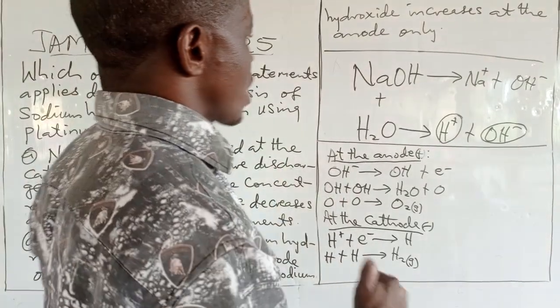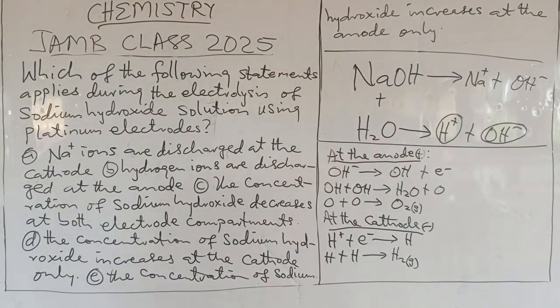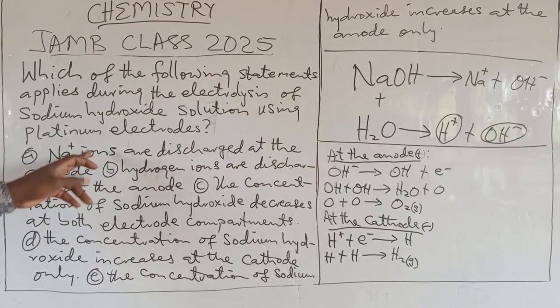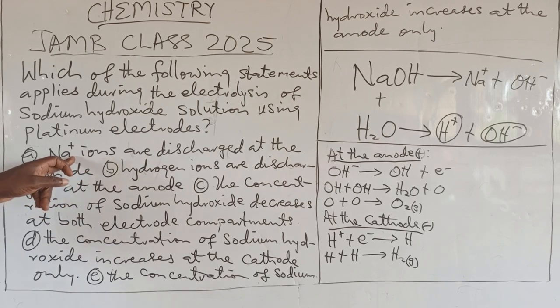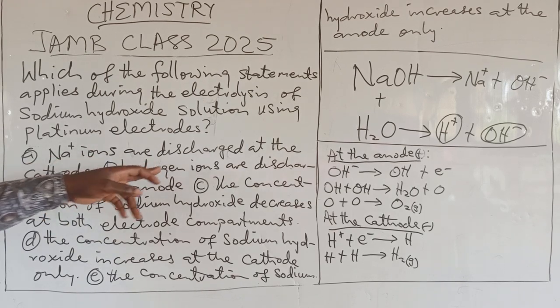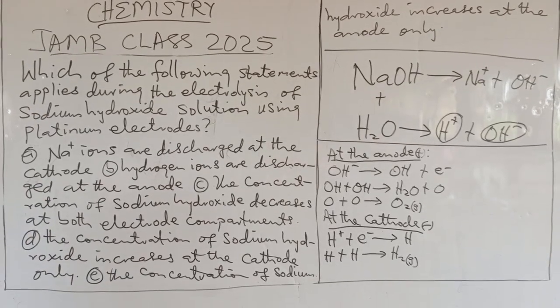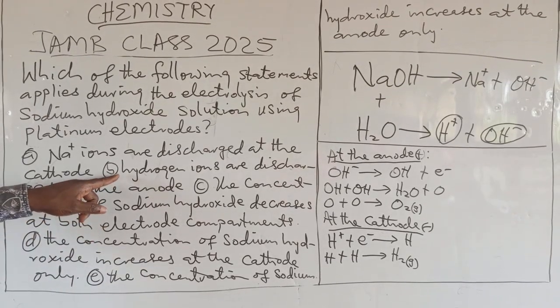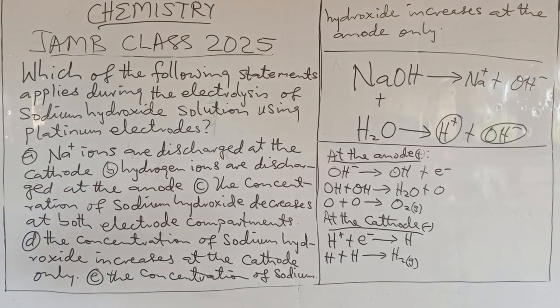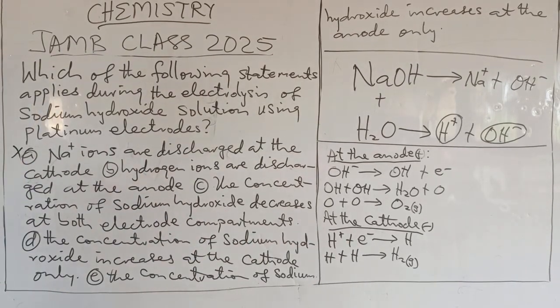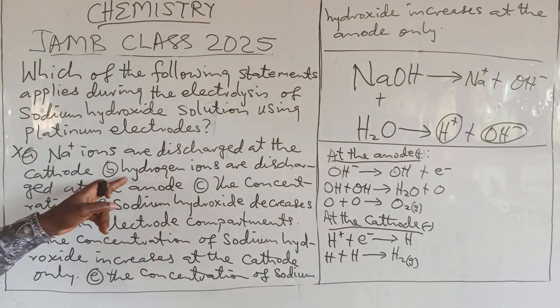Okay, now let's look at the options. A, Na plus ions are discharged at the cathode. Is it true? Na at the cathode is not Na, so that is cancelled, it's not correct.